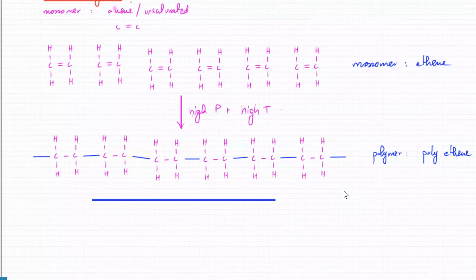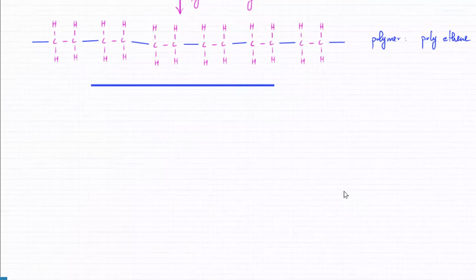Now let's do a slightly more complicated one. Ethene is kind of easy. Let's take a bigger molecule, an unsaturated molecule with a double bond. So you've got CH3, CH2, and there's a double bond over here, and there's a carbon atom. There's a CH3.